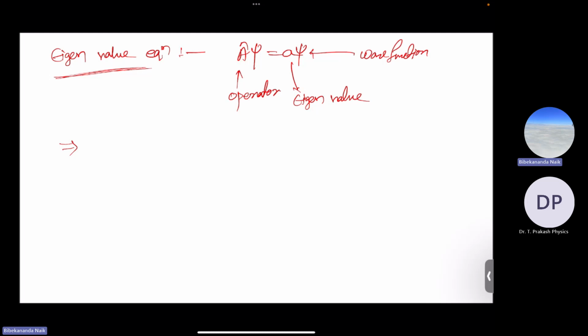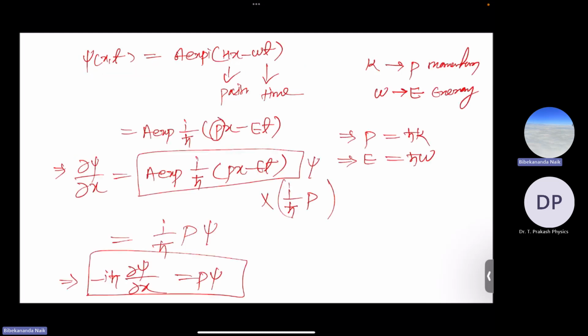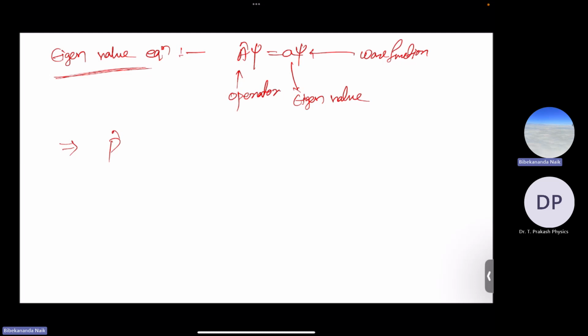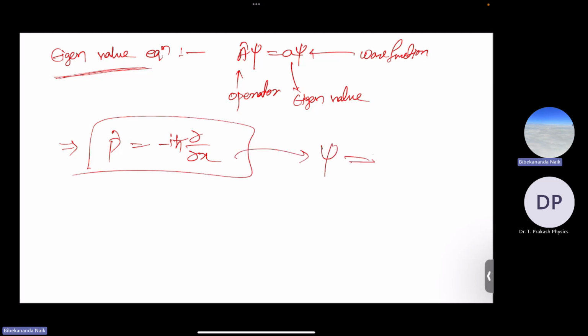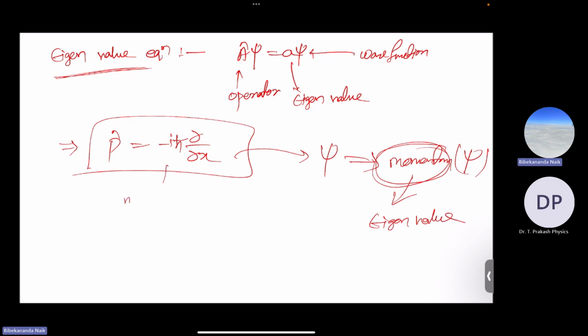So if you compare the previous equation with this equation, we can clearly say that the momentum operator is minus i h cross del by del x, because when this momentum operator is operated on the wave function, it gives us the momentum and again that wave function psi. So this momentum is the eigenvalue and this is the momentum operator.